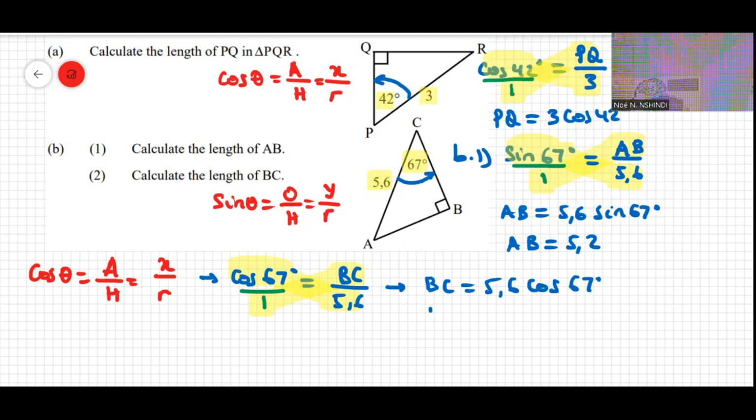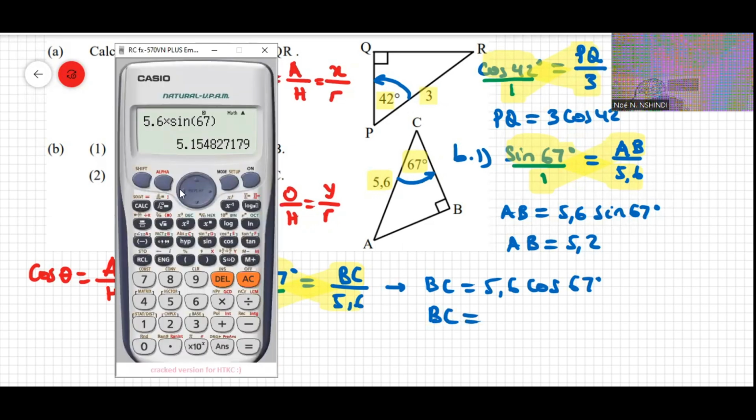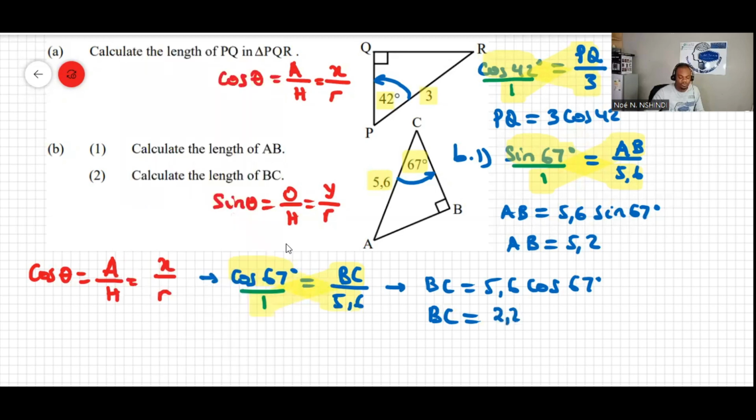That gives BC equal to 2.18. To one decimal place, we look at the second decimal value, which is 8. Since 8 is more than 5, we increase 1 by 1 unit, which makes 2.2 units. This is one way of solving that.